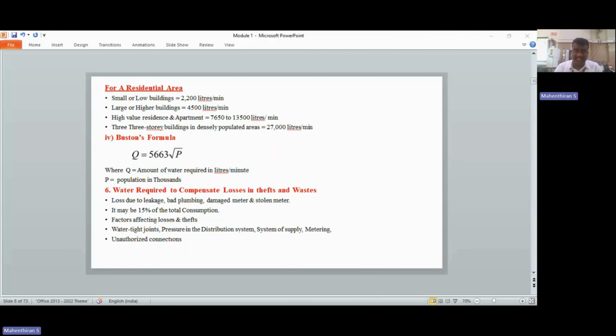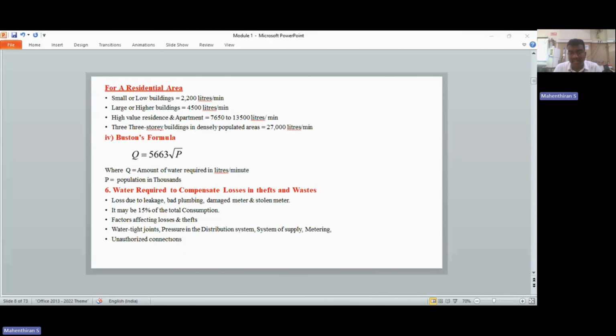What are the factors affecting the losses? Let us understand what influences these losses. Watertight joints. If joints are not properly sealed, leakage increases. Pressure in the distribution system. Higher pressure can lead to higher leakage. So pressure management is critical. Next one is the system of supply.